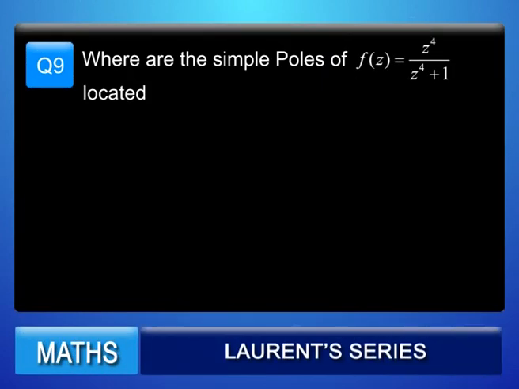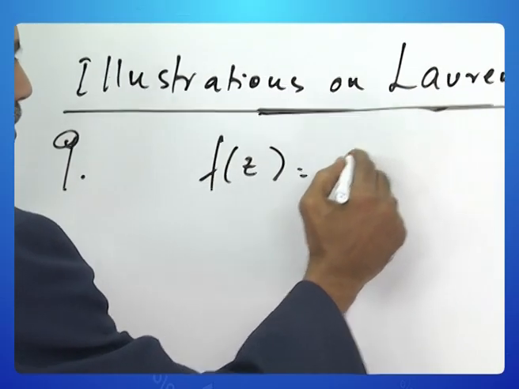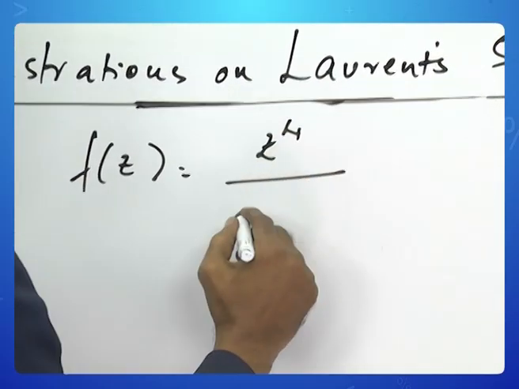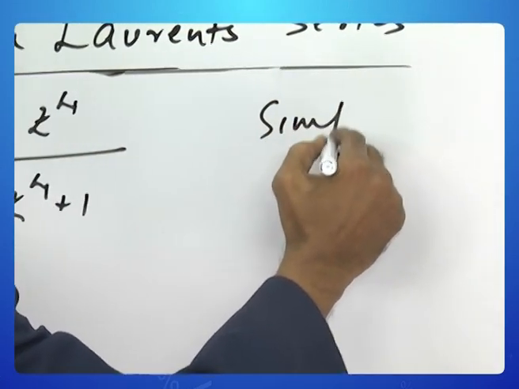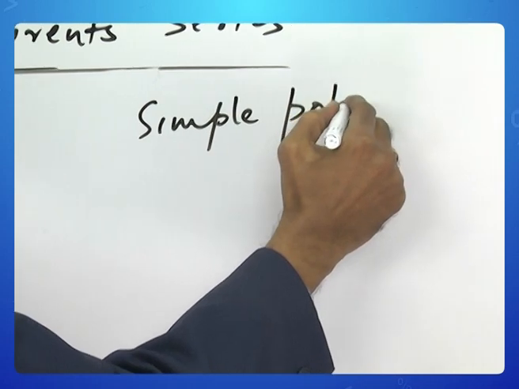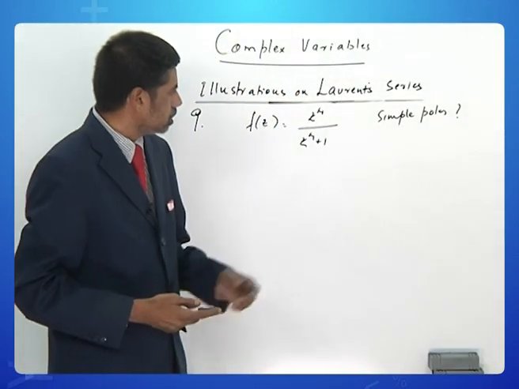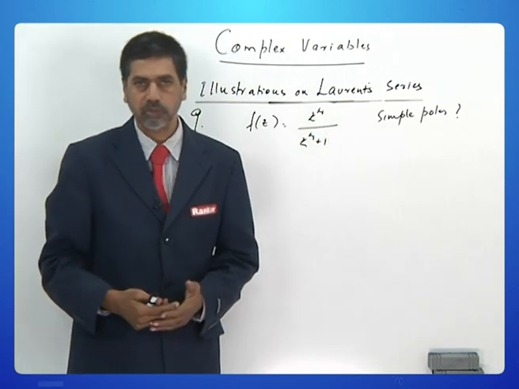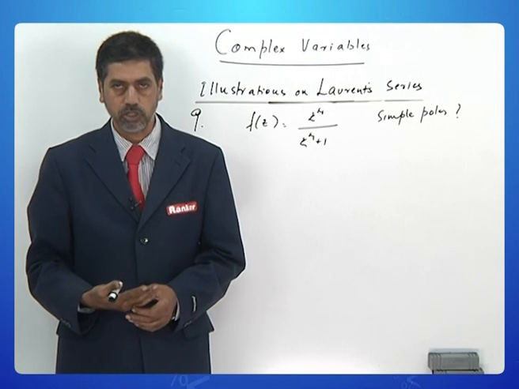Question number 9. Where are the simple poles of f of z is equal to z power 4 by z power 4 plus 1 located? Now this is a rational algebraic function, and therefore the singularities that you get are basically the poles.